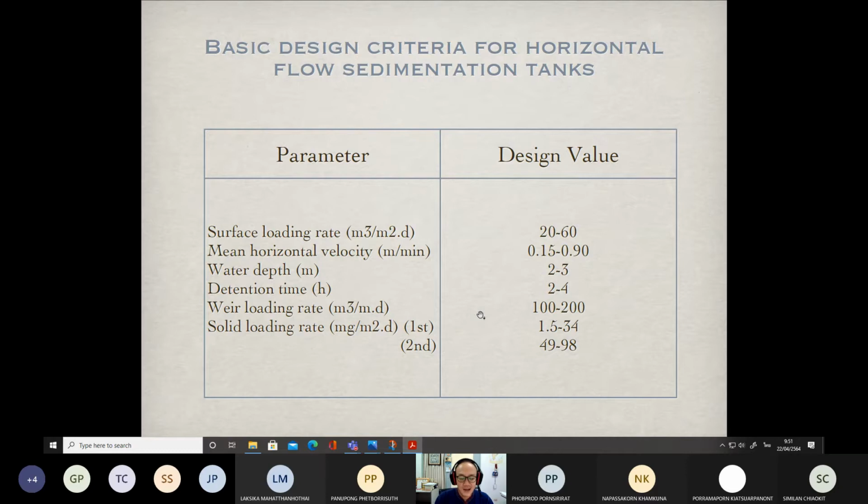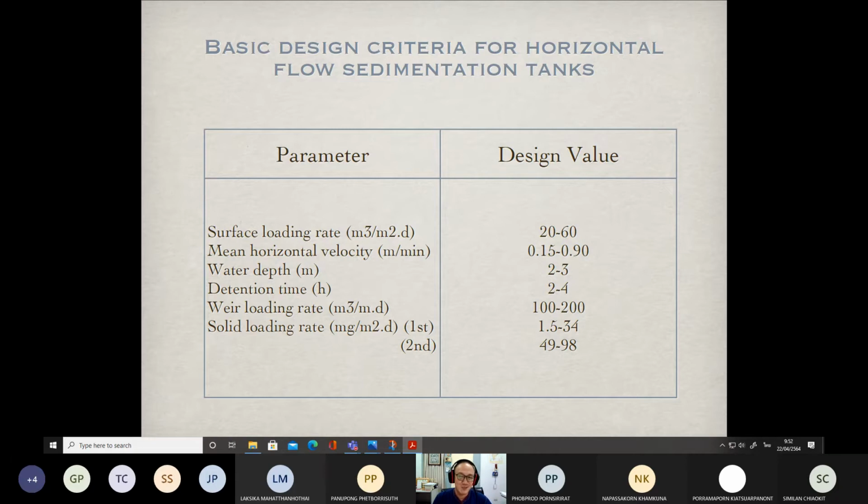These are the design criteria. As I told you, the surface loading rate value will be given. This table shows the values of the design criteria for horizontal flow sedimentation tanks. These values are used for designing horizontal flow sedimentation tanks only, not for circular tanks.